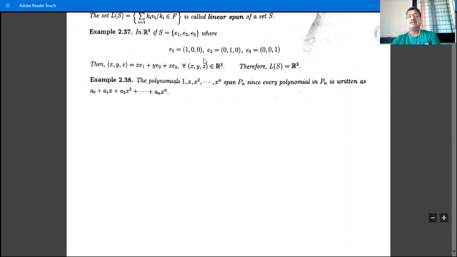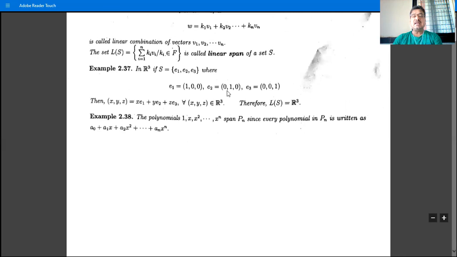But these three vectors are such that every vector of R3 is a linear combination of them. If we take the element (x, y, z), then it is x times E1 plus y times E2 plus z times E3. Therefore LS is equal to R3.